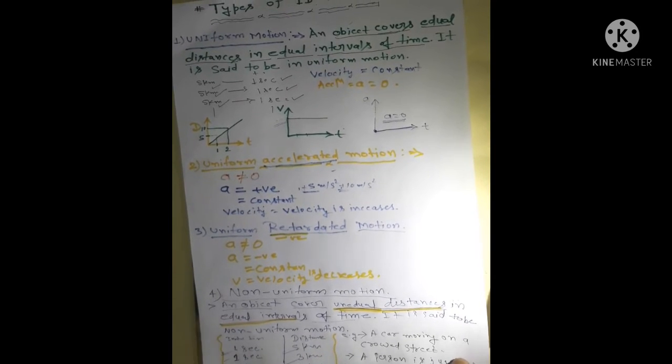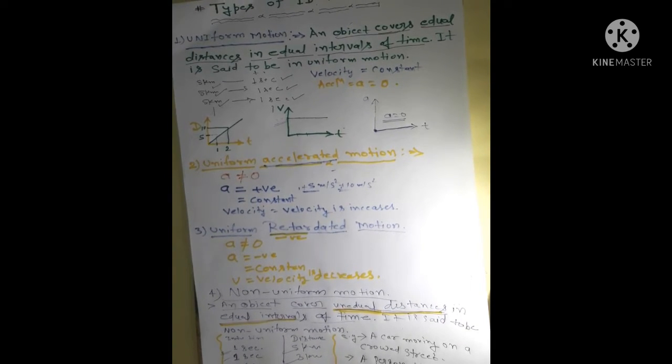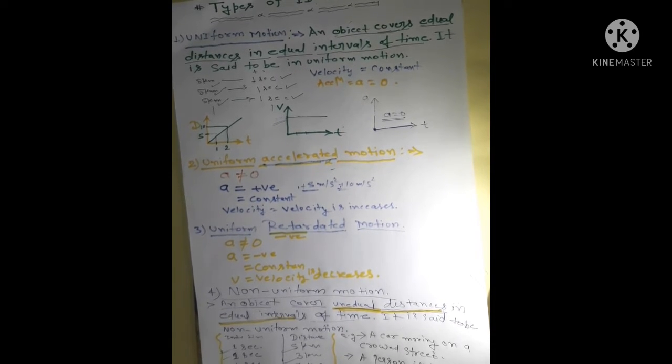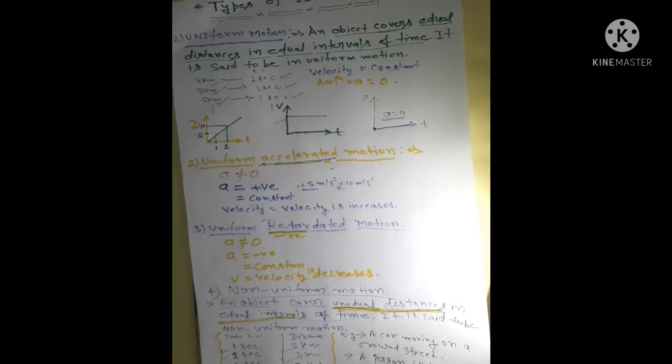This type of motion is called non-uniform motion, where an object does not travel equal distances in equal intervals of time.